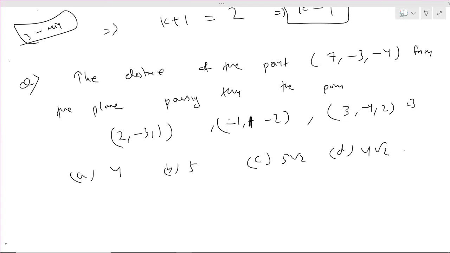Can anyone tell me what was the formula for finding the plane using 3 points, without looking at the notes, with the memory?